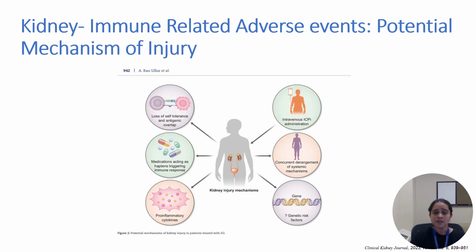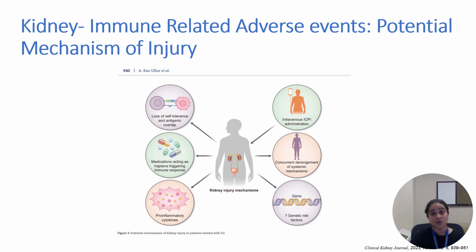Now, the mechanism of injury of kidney-related immune toxicities is as follows. Once the infusion of the immune checkpoint inhibitor occurs and the activation of the immune system occurs, there is some loss of self-tolerance and antigenic overlap with the renal tubular cells.